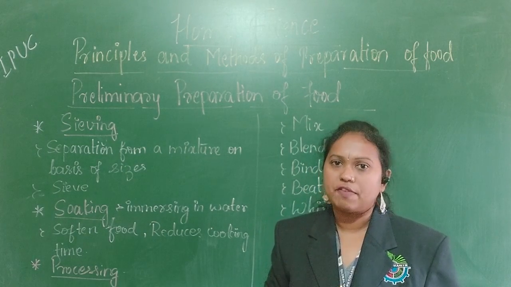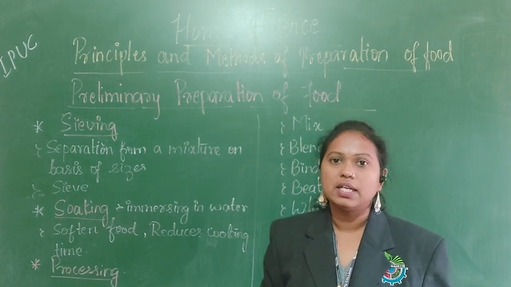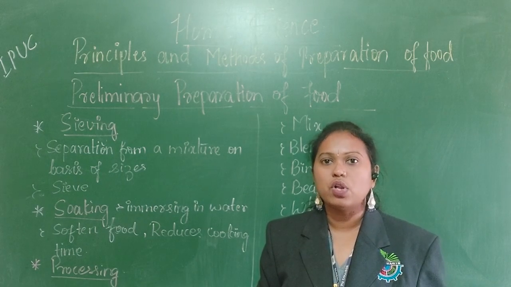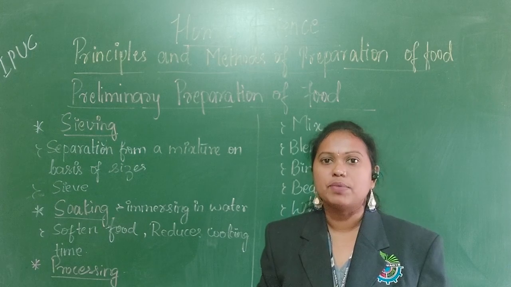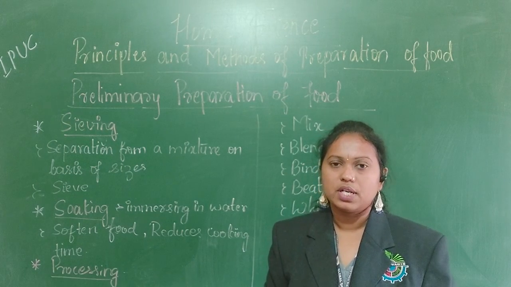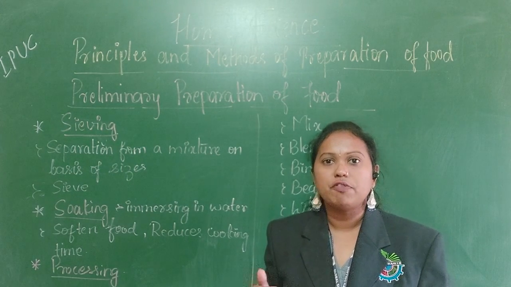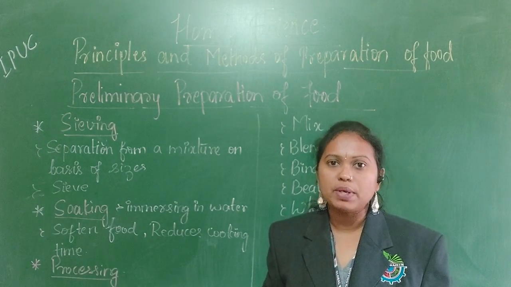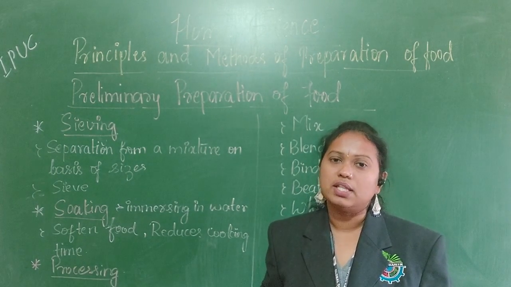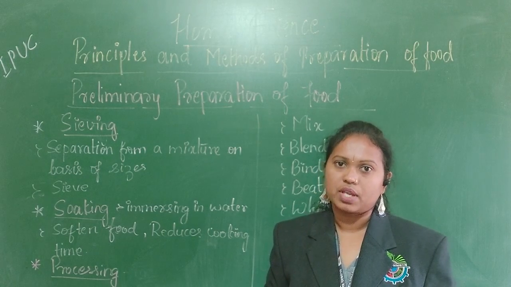There are a few advantages of sieving. It helps in the removal of dirt, worms, fibers and stones from the whole grains. By this, the shelf life of the food products can be improved. The flour becomes fine, which helps in the blending of that.